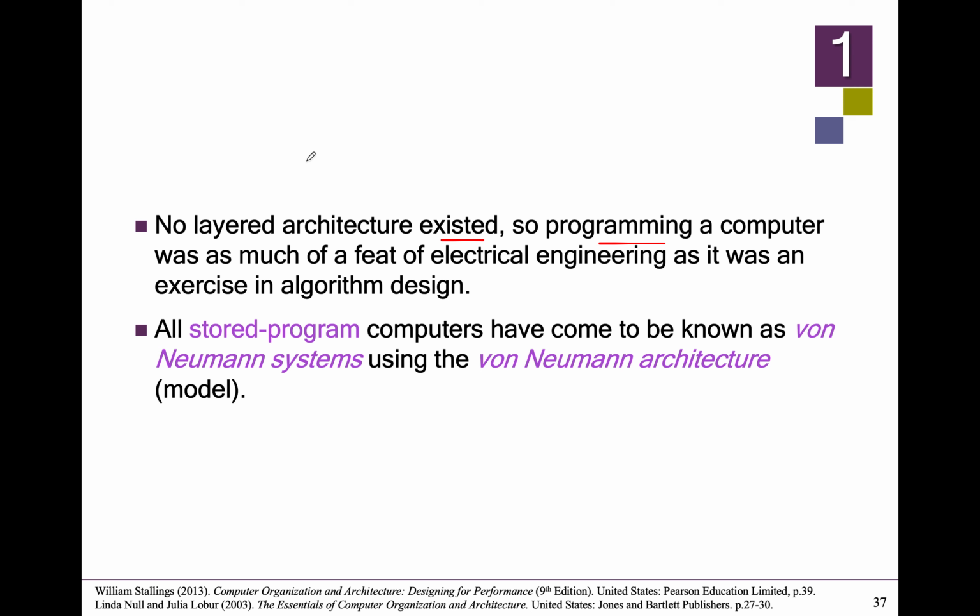Also, programmable computers have come to be known as von Neumann systems, using the von Neumann architecture model. You can also find extra information from the resources I listed below here.